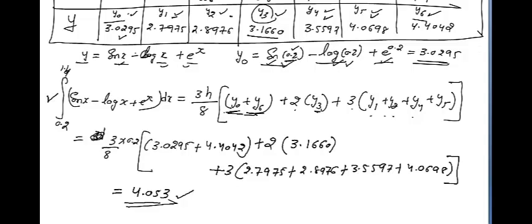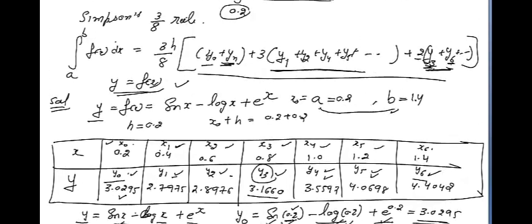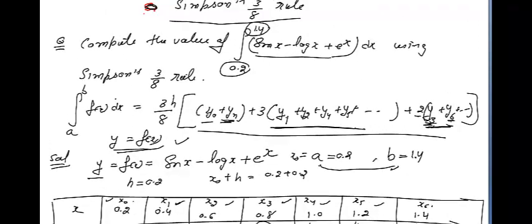If I review it, this is the formula for Simpson 3/8 rule. I will explain at the end what the main formulas are. The only thing is you want the starting and end value.